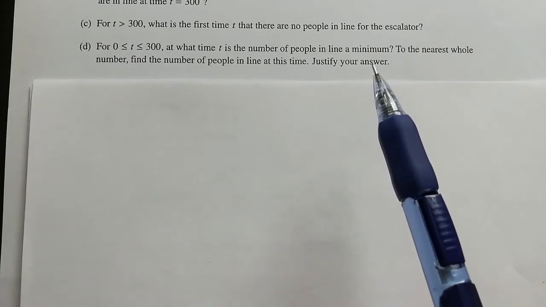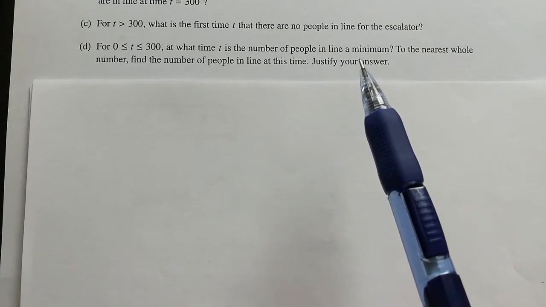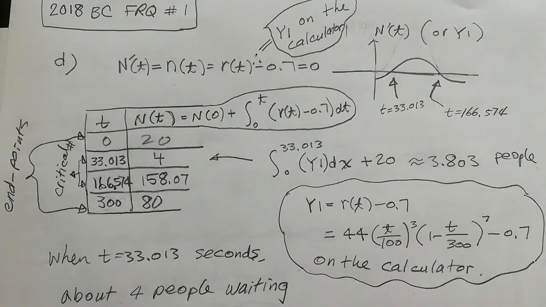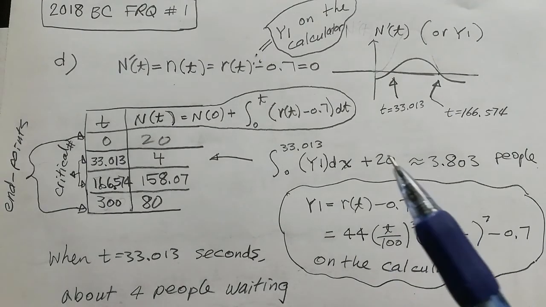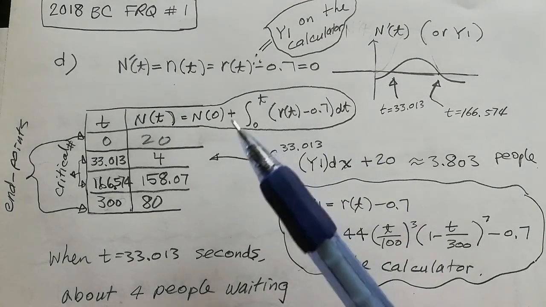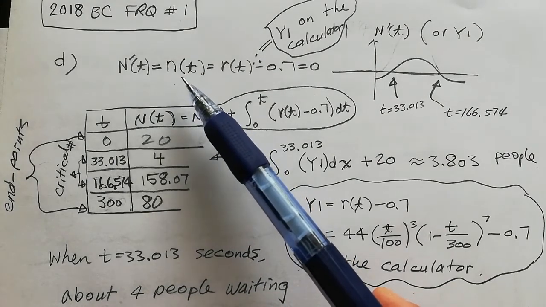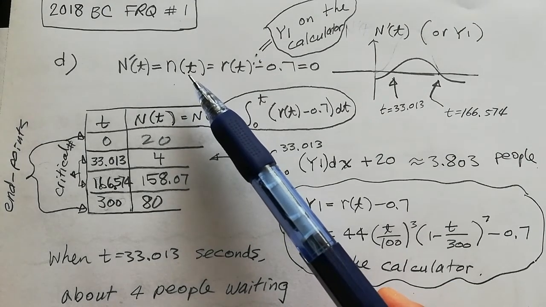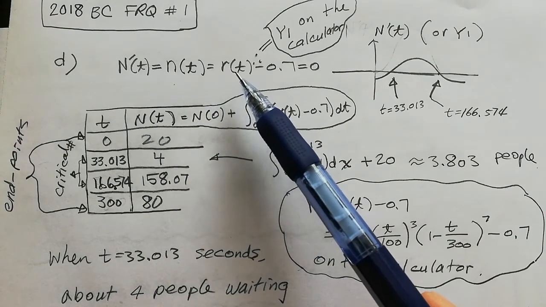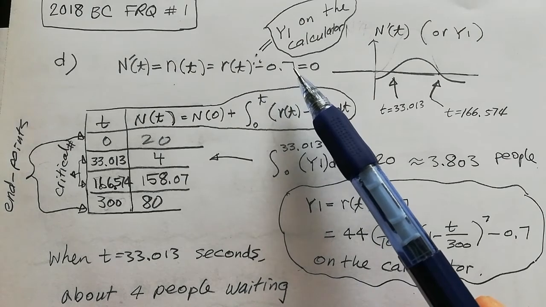The last question is, what is the time when there's a minimal number of people in line? This is a minimum-maximum problem. And what you really need to do at this point is try to find the derivative of the capital N, which is the small n of t, which equals r of t minus 0.7.